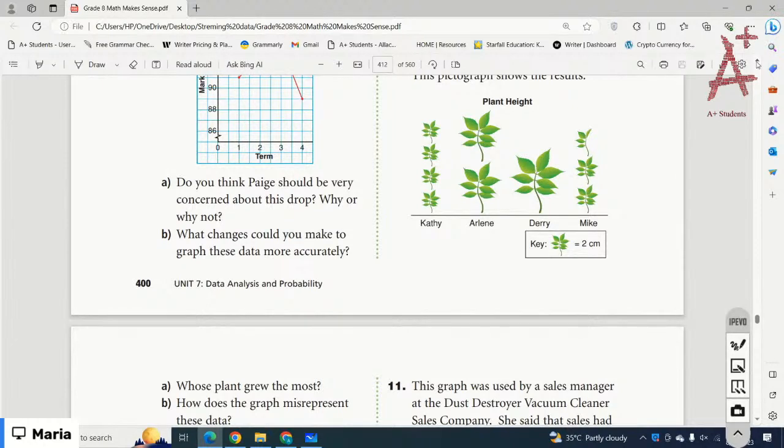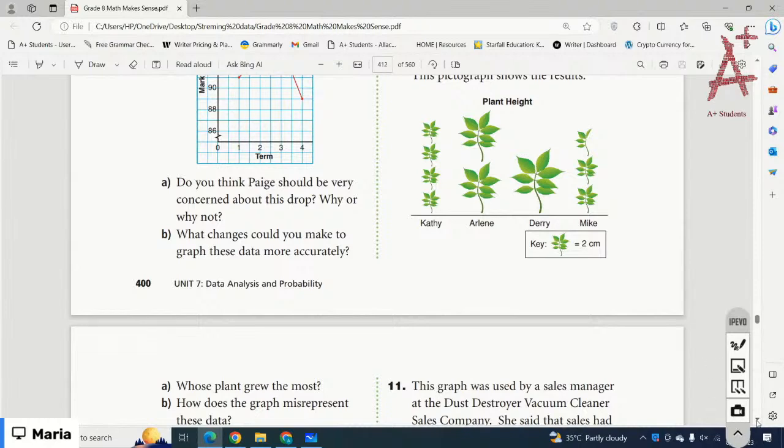How does the graph misrepresent the data? You can see the height of the symbol is 2 centimeters, but according to 2 centimeters, Kathy's plant grows higher, right? That would be 8 centimeters.